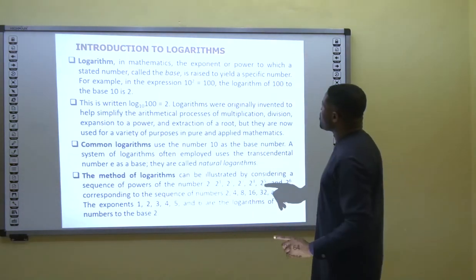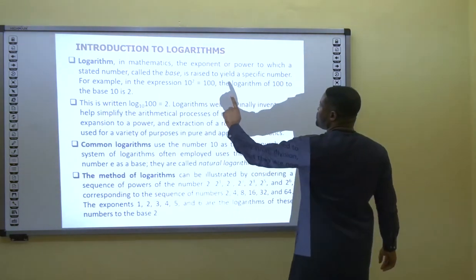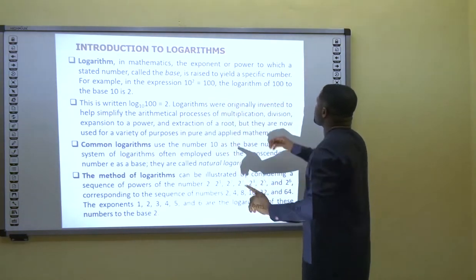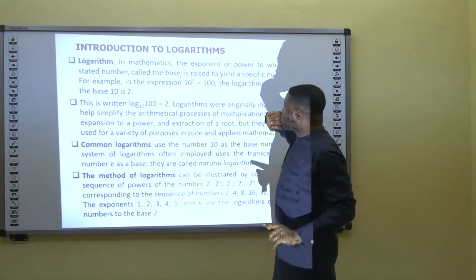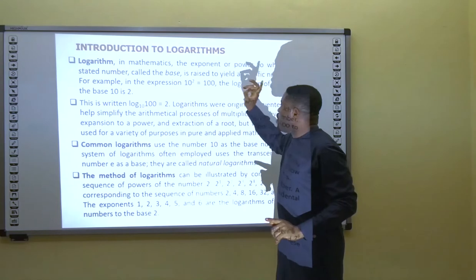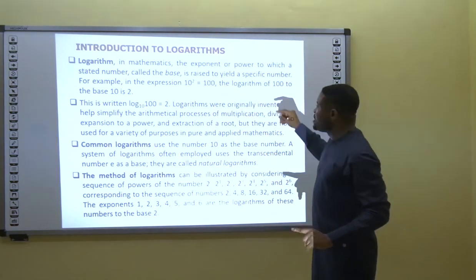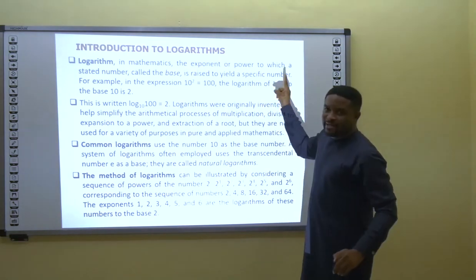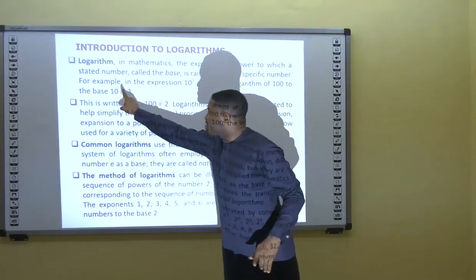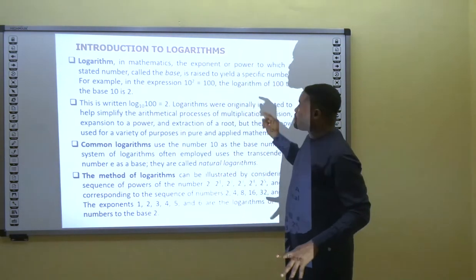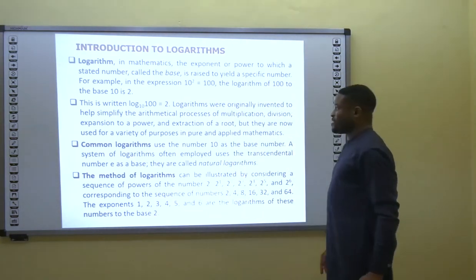Yeah, so we have this logarithm where 10 raised to the power 2 is equal to 100, meaning that 10 has been multiplied by itself twice. And because it has been multiplied by itself twice, then the log base 10 of 100 is 2, because 10 was multiplied by itself twice to arrive at 100.